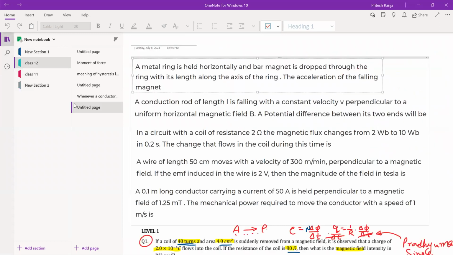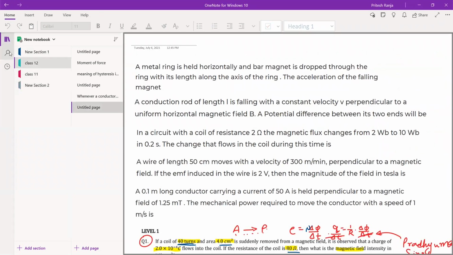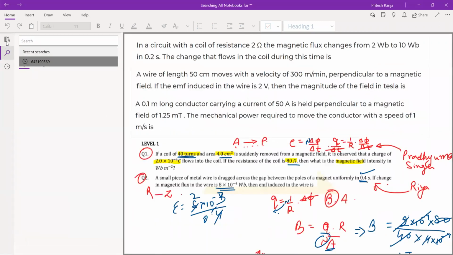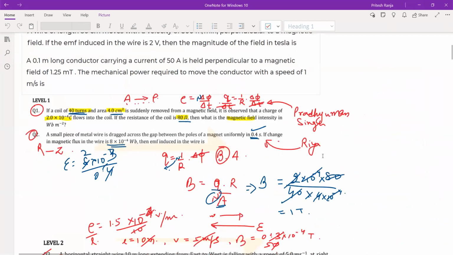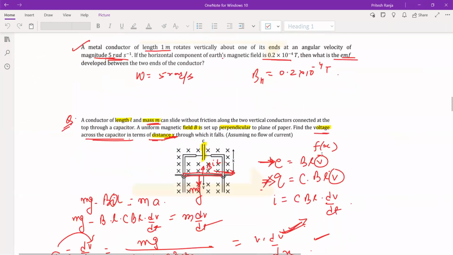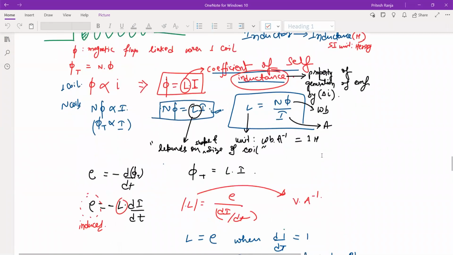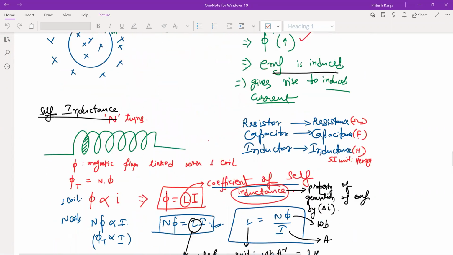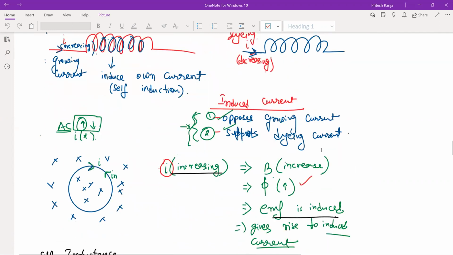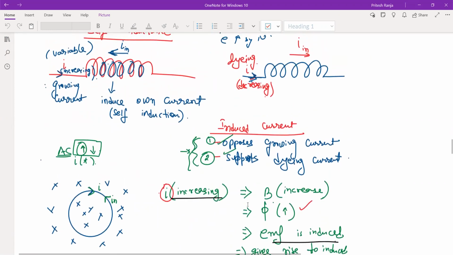We'll be continuing with electromagnetic induction. Yesterday we talked about self-inductance. That was the property of a coil to induce current on its own coil.